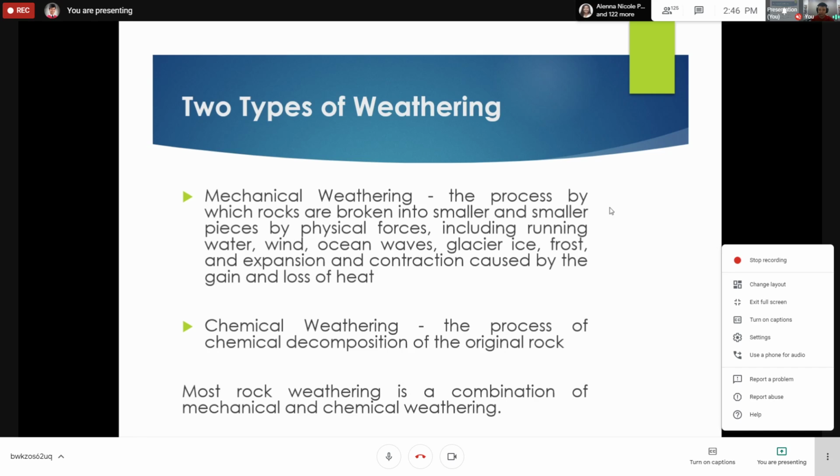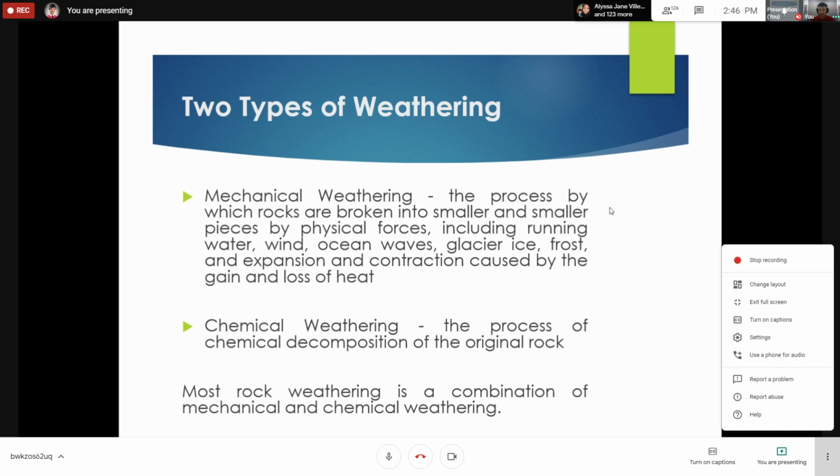Most rock weathering is a combination of mechanical and chemical weathering. Again, by these two processes of weathering, the soil is generated. So two types of weathering generate soil.